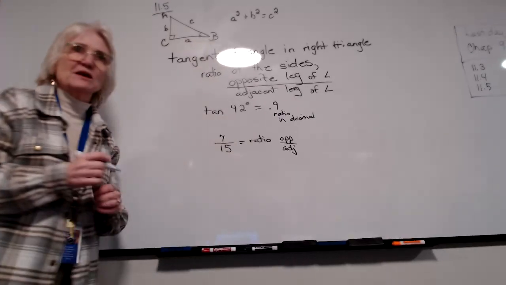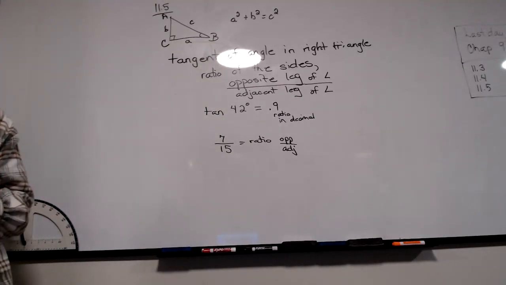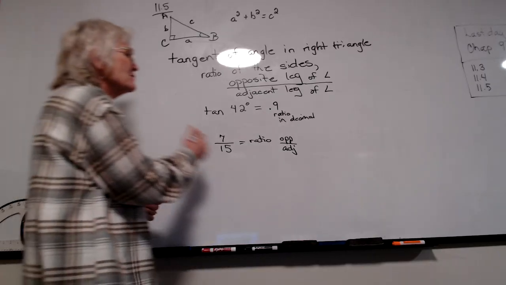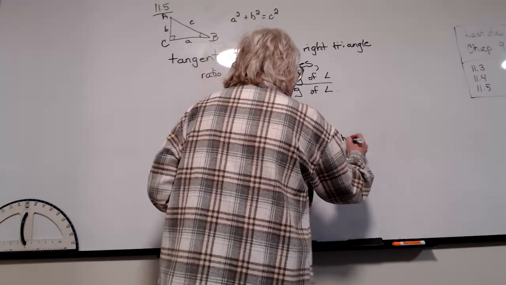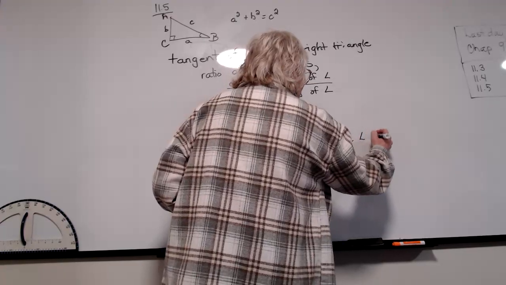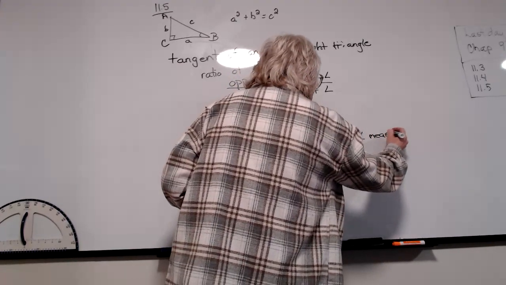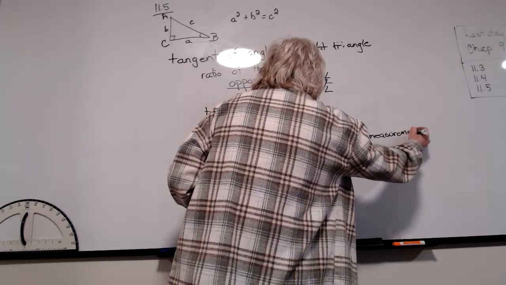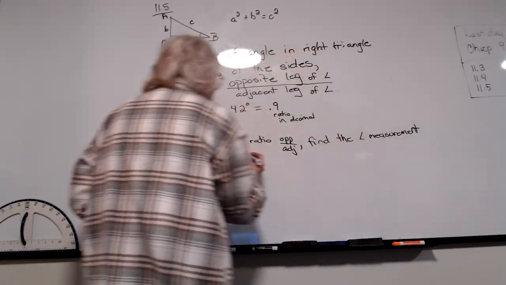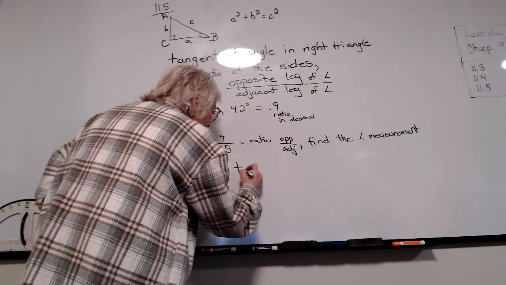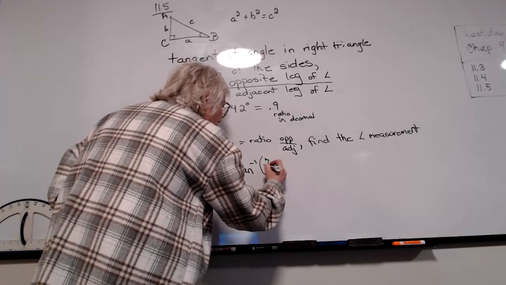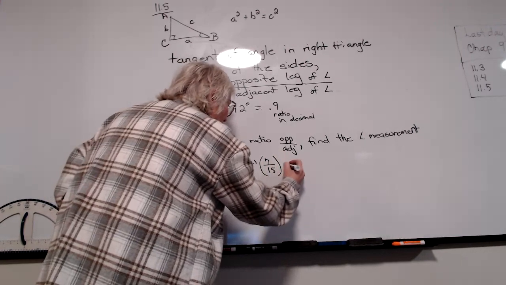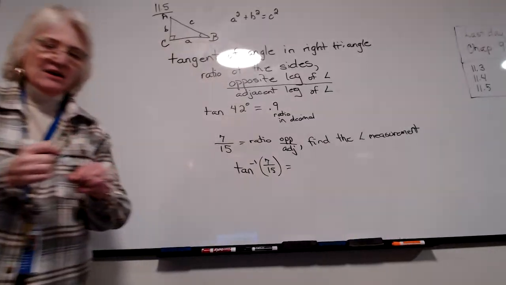So from this, we can find the angle measurement by using the tangent inverse of 7 over 15. And that will actually give us the angle measurement.